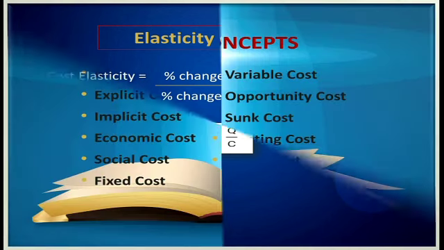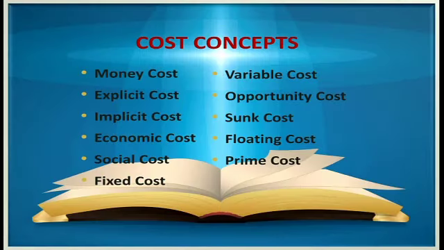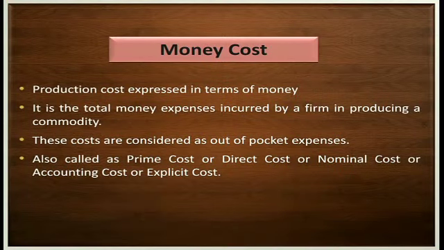Next, we are going to cost concepts. First, money cost. Production cost expressed in terms of money is called as money cost. In other words, it is the total money expenses incurred by a firm in producing a commodity.